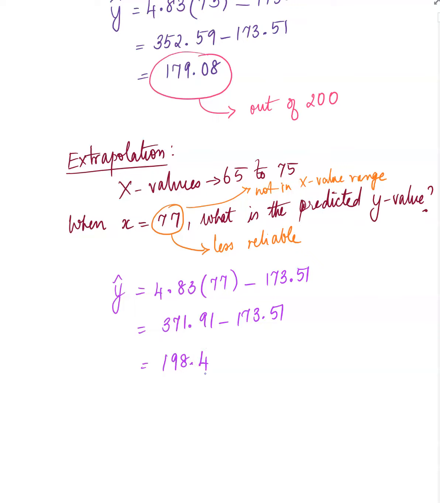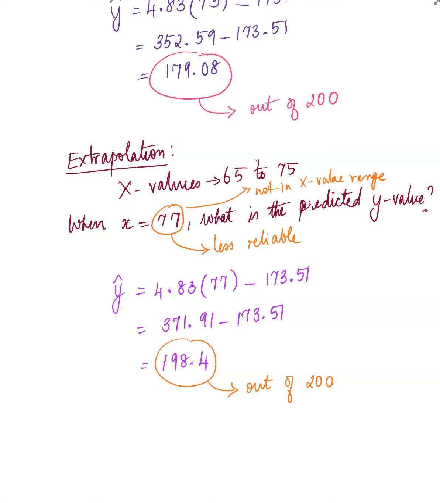Hey, look at this answer. This answer is out of 200, right? It does look reasonable. The student must be really, really good because it's 198 points, so it must be really close to 200. But on an average, students can get this score. It's not impossible or unreasonable.